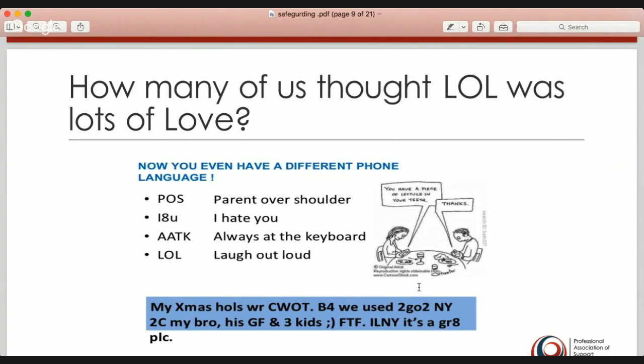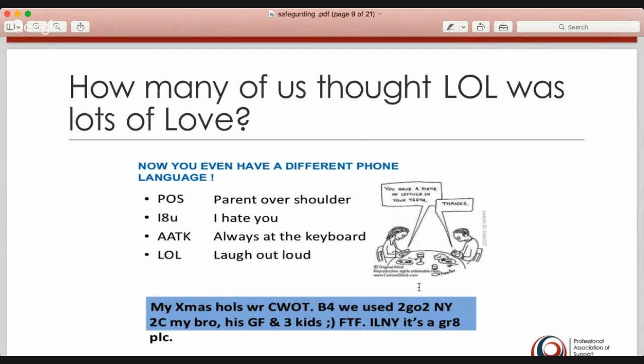And now, with the advent of smartphones and texting, etc., and Facebook and social media, we have another variation in language, and it might be one that we're not that familiar with as adults, but I would urge you all to become familiar with it. One at the top there, parent over the shoulder, POS. I hadn't heard of that one, but I won't forget it now.